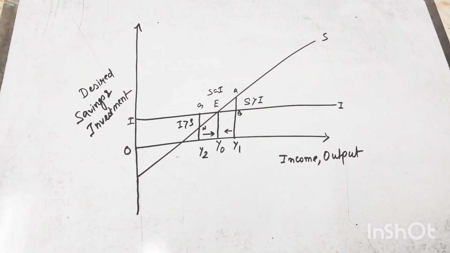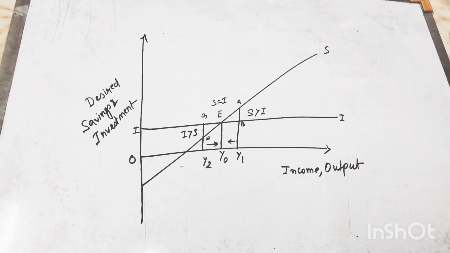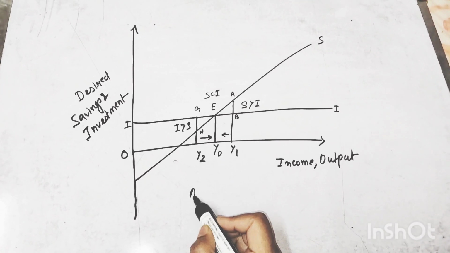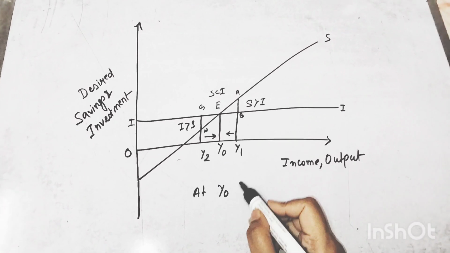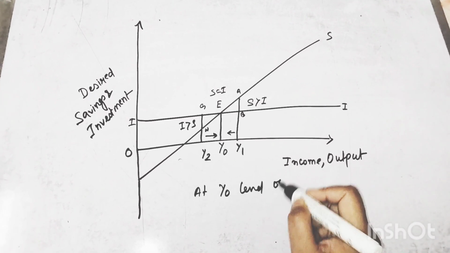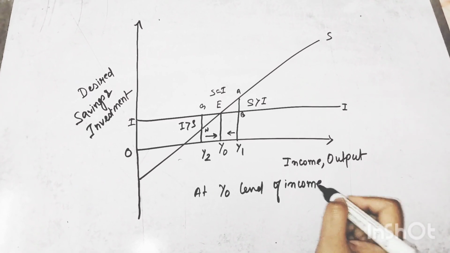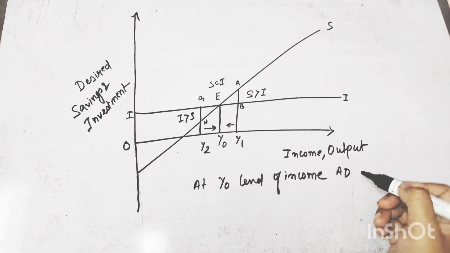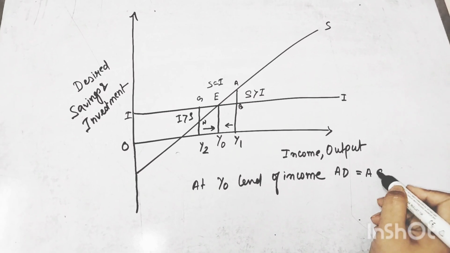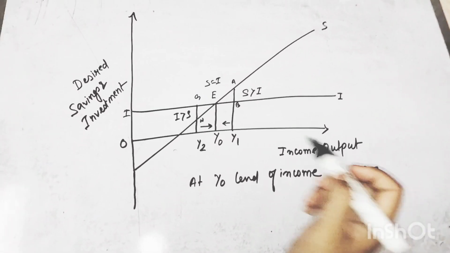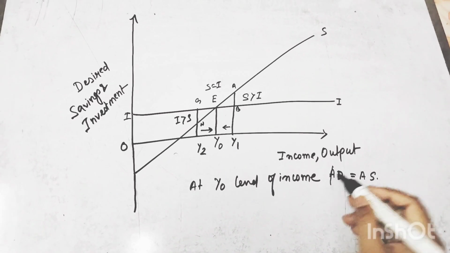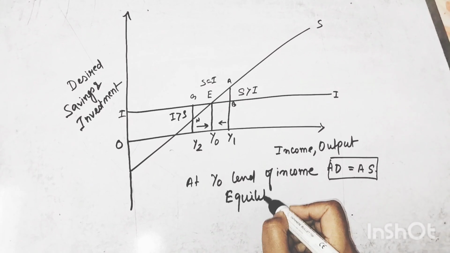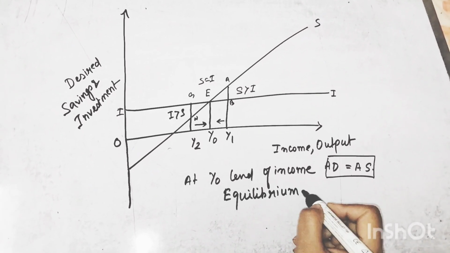Now see, if we say that at Y naught level of income, your aggregate demand equals aggregate supply, that means this point will be your equilibrium point.